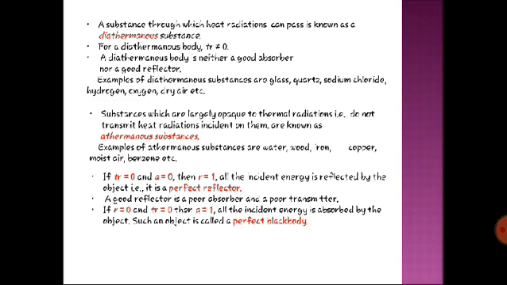So from this equation we can say the heat energy which is incident on any object got absorbed totally. So this is called a perfectly black body. Okay, so this is all about the substances. What is diathermous? When heat radiations can pass, it is diathermous. When heat radiation cannot pass, athermanous.